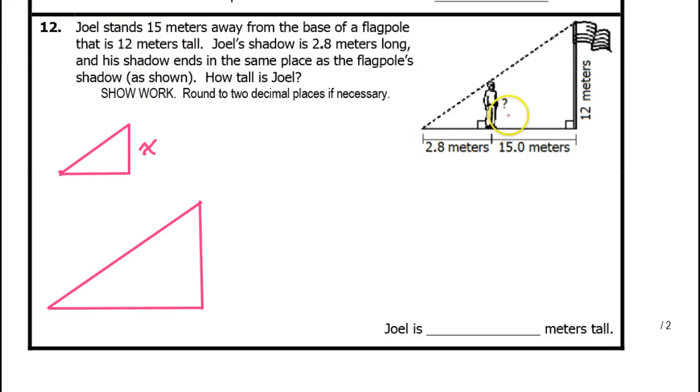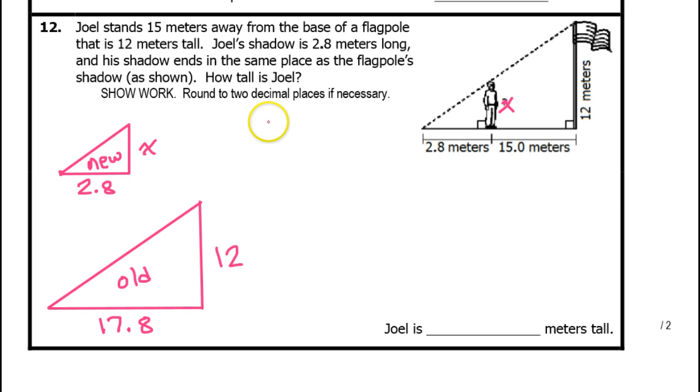Okay, for the small triangle, I have X, which is what I'm looking for, and I've got the 2.8, the shadow. Now on the large triangle, this side is the flagpole, which is 12 meters tall. Now for the bottom side, I need to add these two numbers together. So that's going to be 17.8 meters. Okay, 15 plus 2.8.